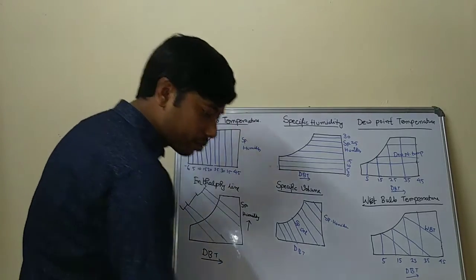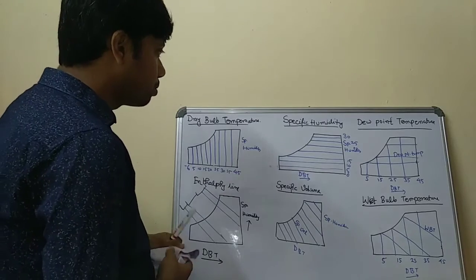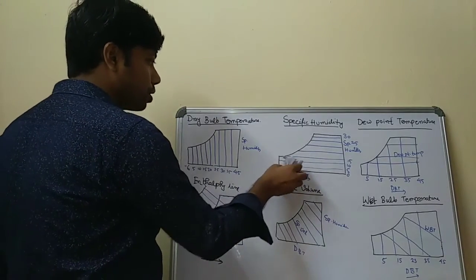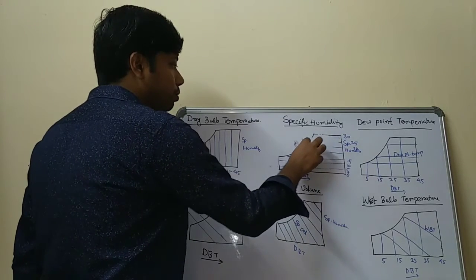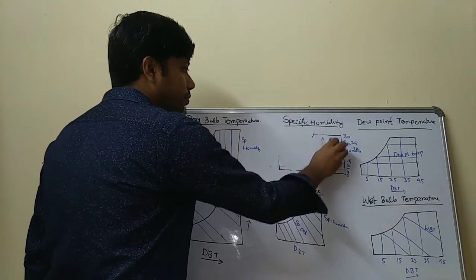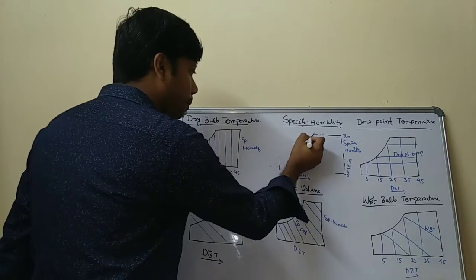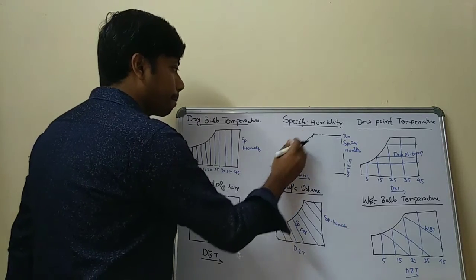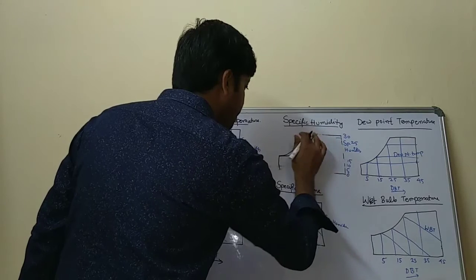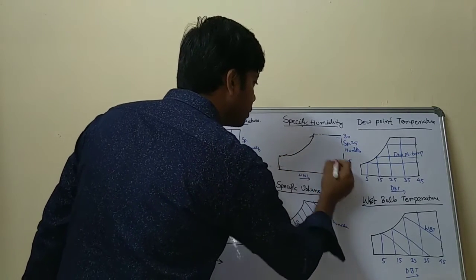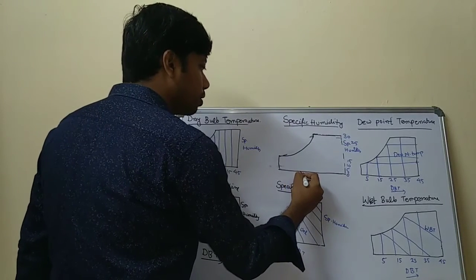Now the question in your mind is, what is the relative humidity line? As you know, this is a specific humidity line and this is the dry bulb temperature.